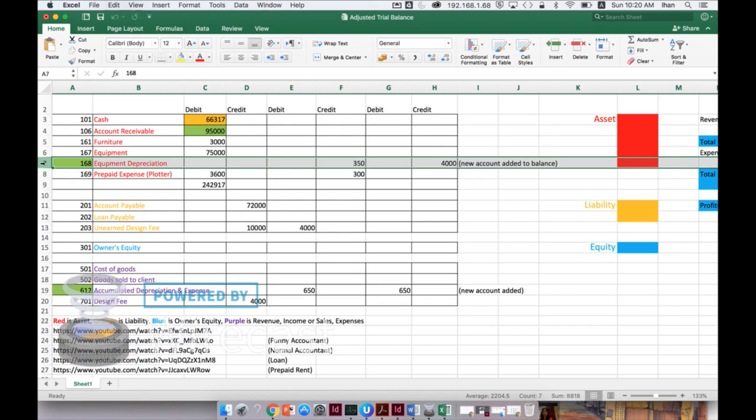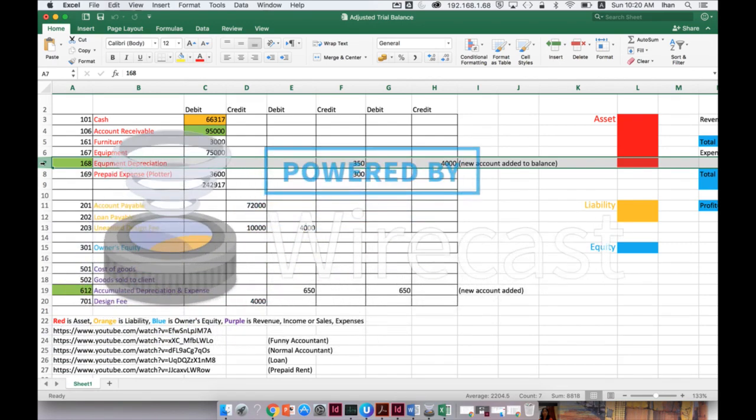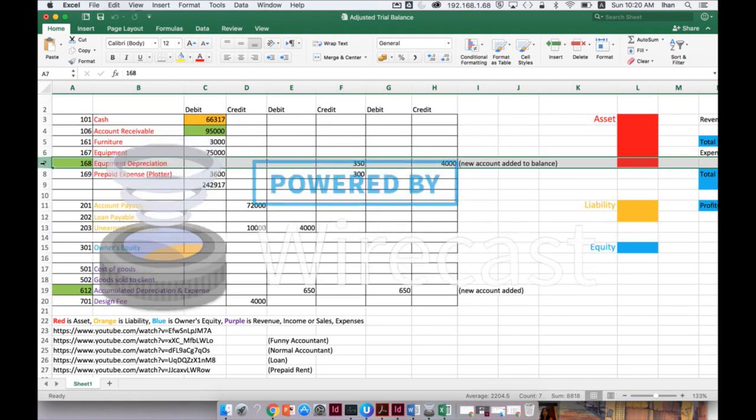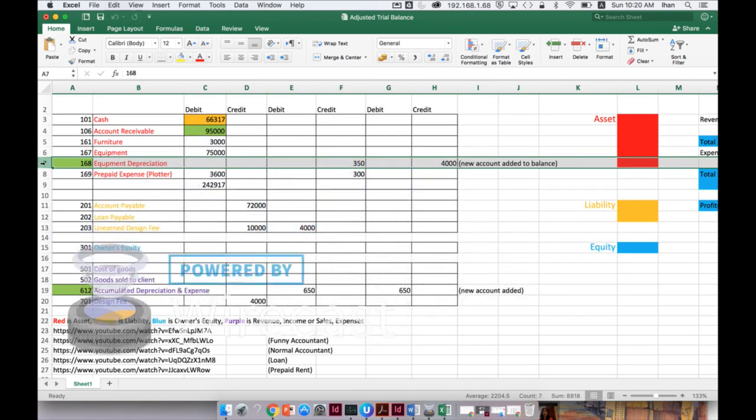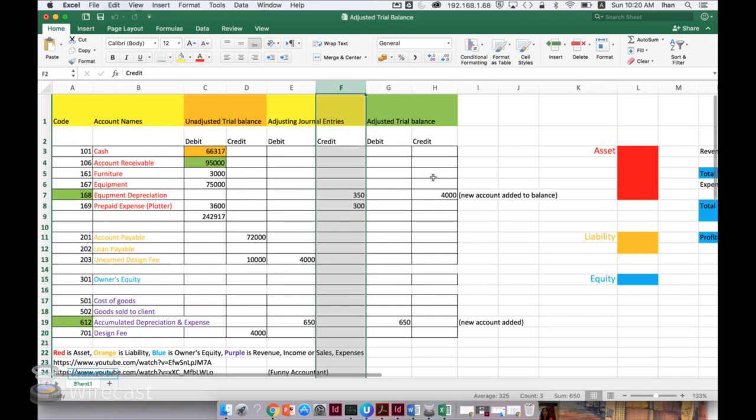Depreciation is not recorded because it's not a transaction. What we recorded are transactions. Depreciation is not a transaction, but it's affecting our business, so that's why we need to adjust for it, and then we see the reality of the business. I will come back to that and give you more explanations.